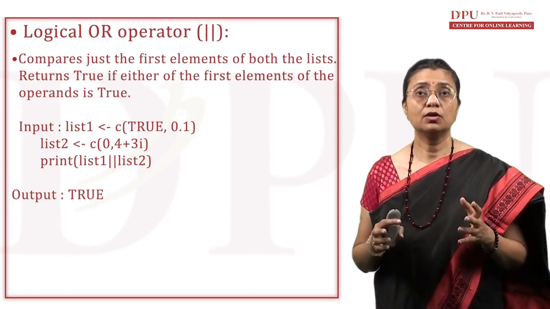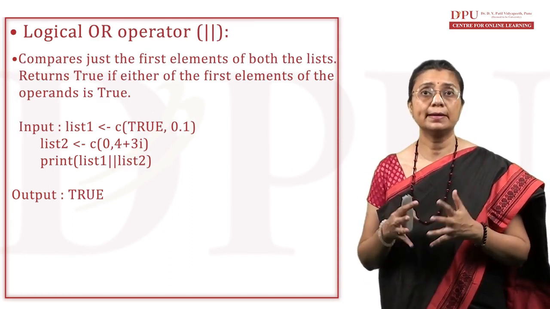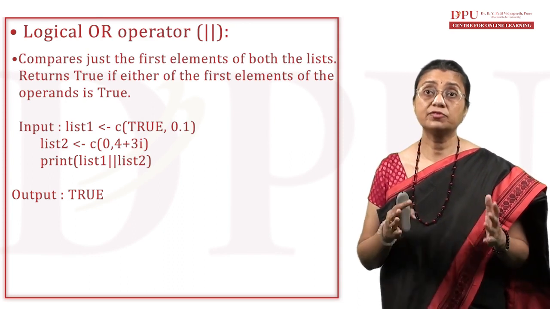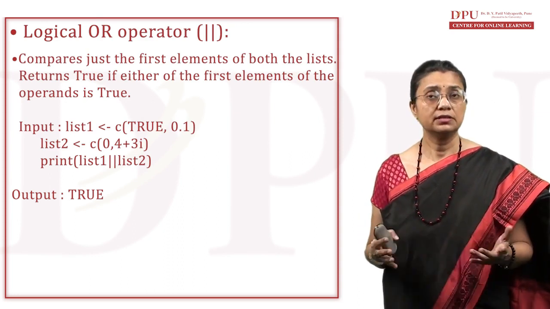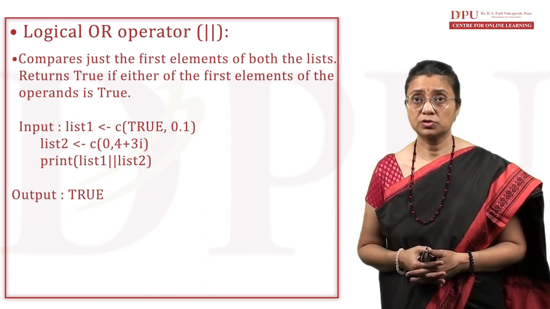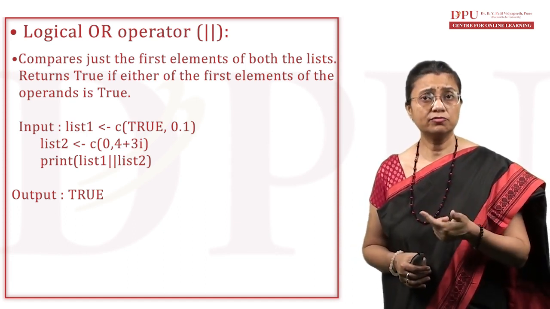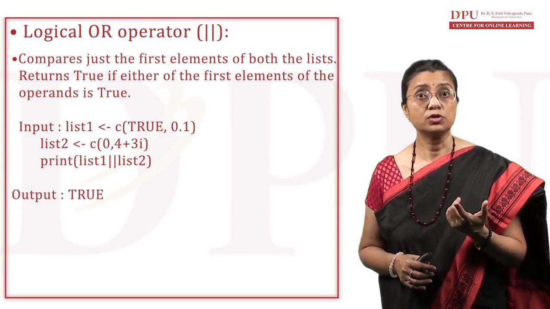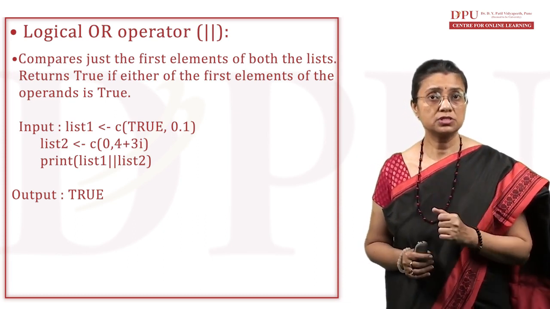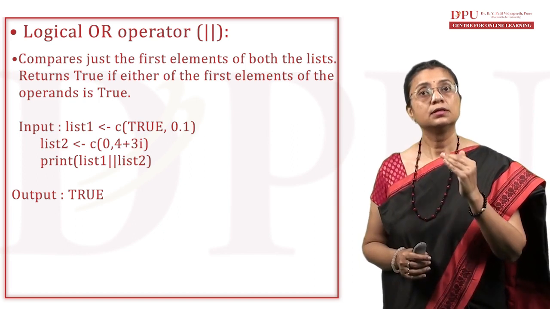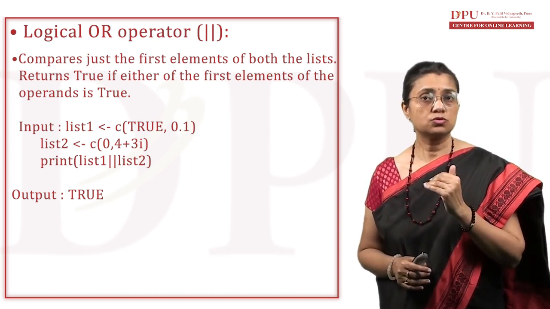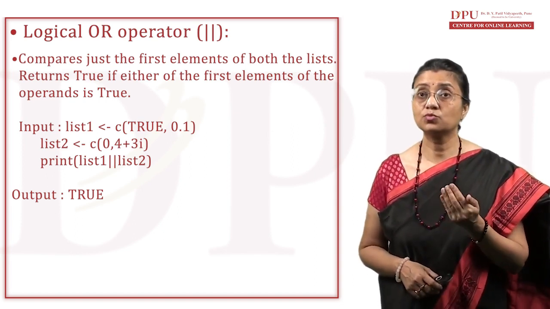Likewise, we have the logical OR operator, or the double pipe sign, and it compares the first element of both the lists the way the logical AND operator was comparing. So here it returns true if either of the first elements of the operands is true. Here again the input is the same. For list 1, the first element is true. For list 2, the first element is 0, which is false.